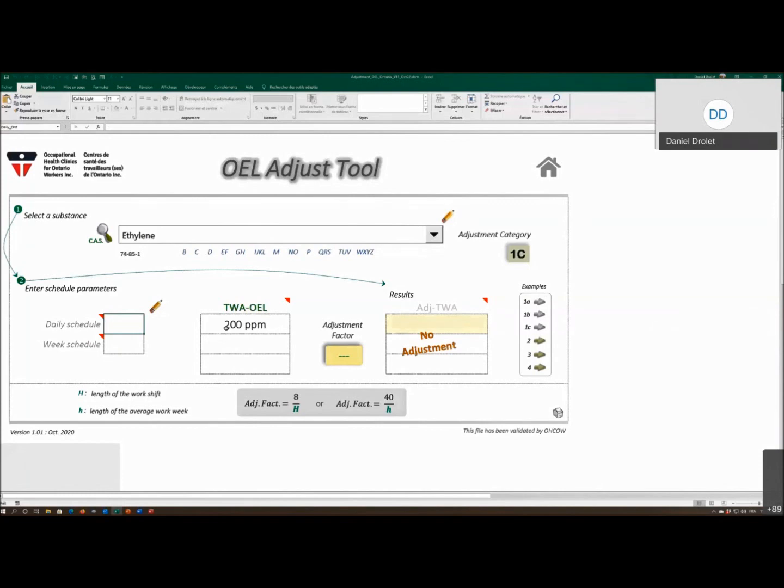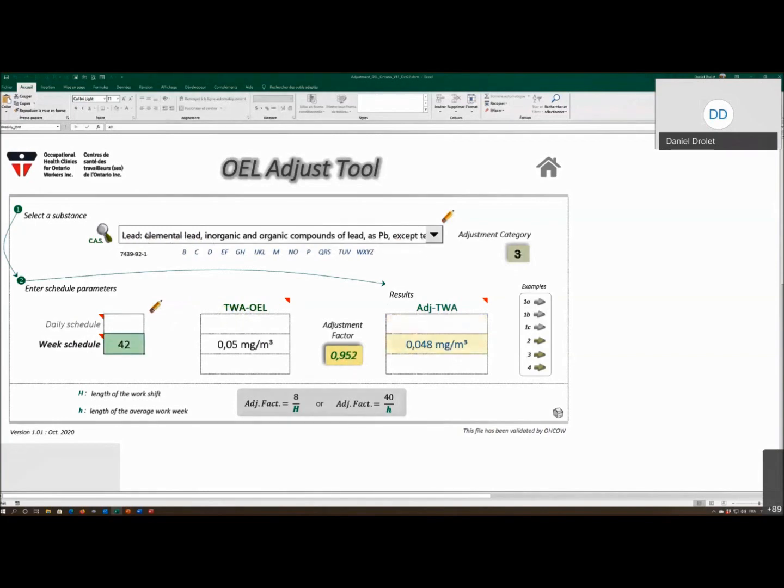We have one, but the adjustment category is 1C. Another example, gasoline. So adjustment category 2. So 2 means I need only the daily schedule. So only this cell is green and has to be filled. So I can calculate the adjusted TWA.